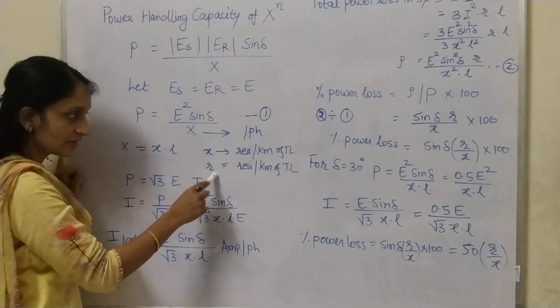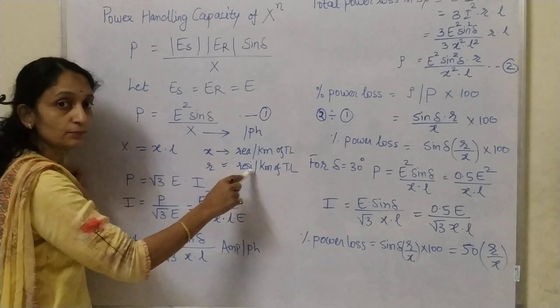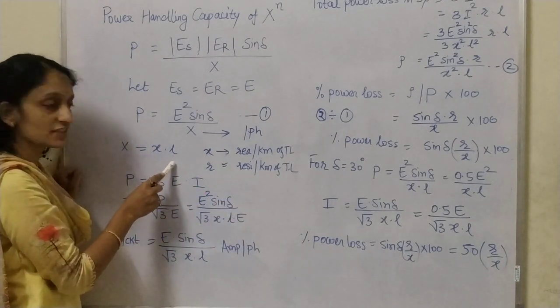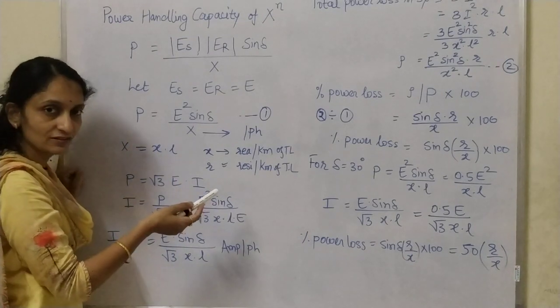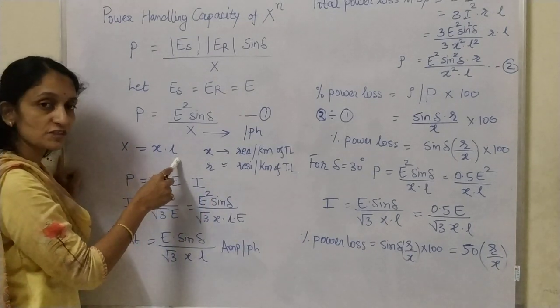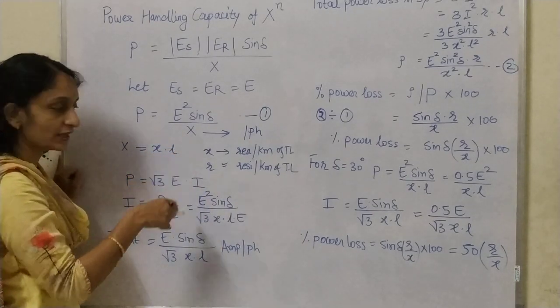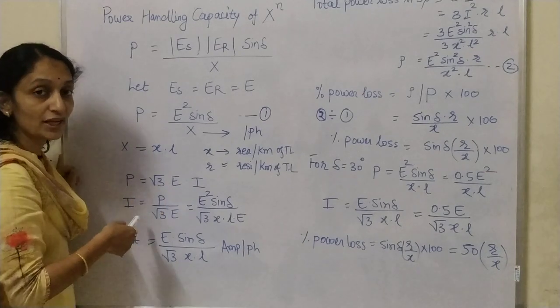Small r is the resistance of transmission line per kilometer. And small l is the length of the transmission line in kilometer. So this kilometer will get cancelled and you will get the value in ohms.